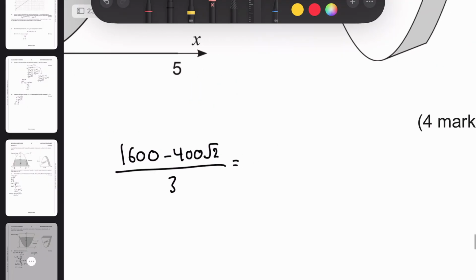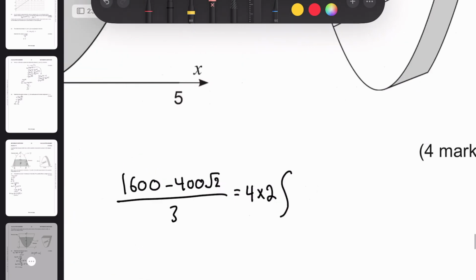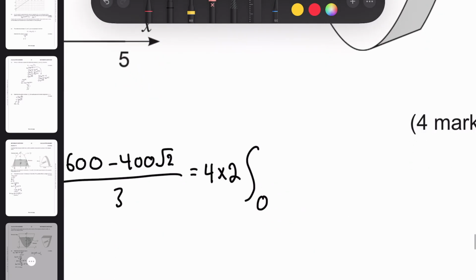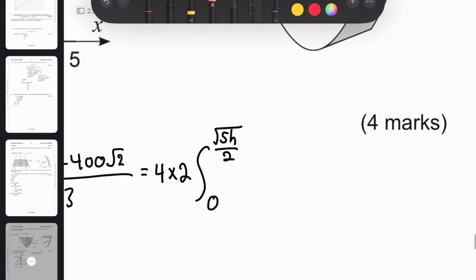This is going to be equal to 4 times 2 of, again, the bounds. But this time, since it's symmetric, we will just be looking at this half, so it will be square root of 5h on 2, and then again h minus 4 on 5x squared dx.